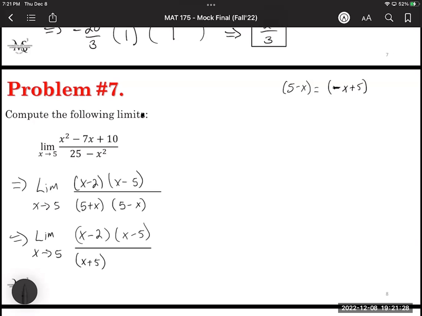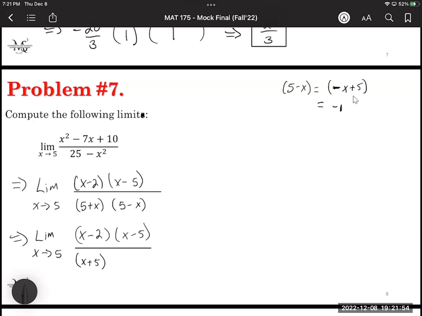Now I know algebraically that this x plus 5 in my denominator will not cancel with the x minus 5 in the numerator. But this negative x plus 5, if I do just one more step of rewriting, should be able to cancel with the x minus 5. The rewrite is just factoring out a -1.